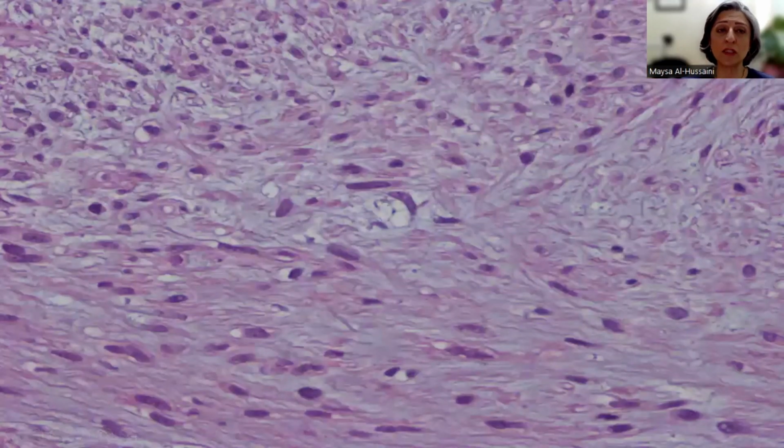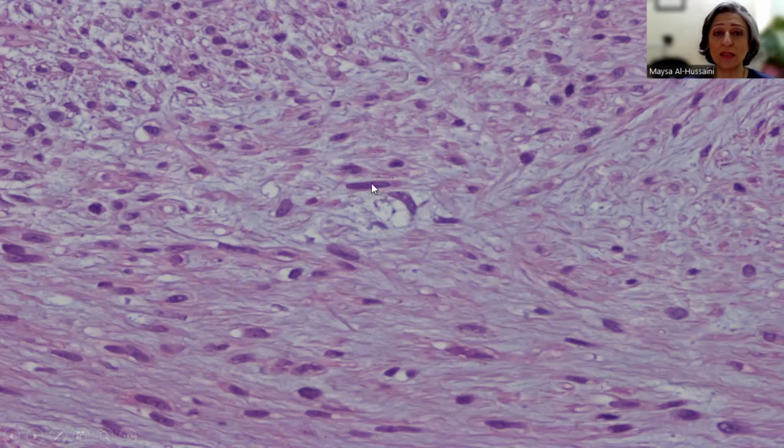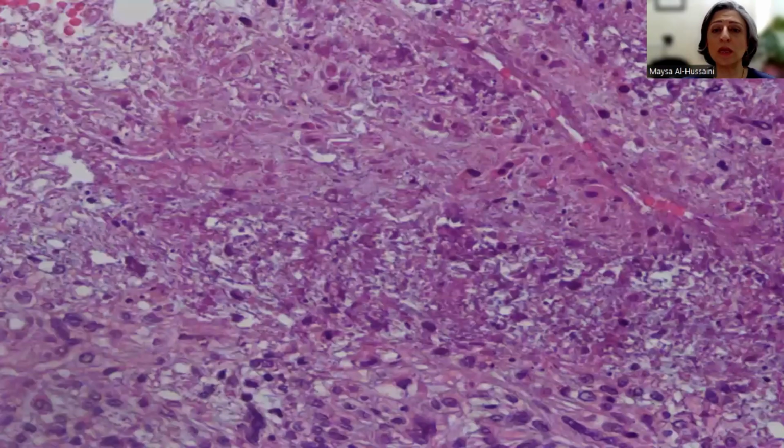Now, some foci displayed myxoidish degeneration in the background with hypocellularity, but you can still appreciate the pleomorphism. So we have hypercellular and hypocellular areas with the pleomorphism as well as mitosis and areas of necrosis.